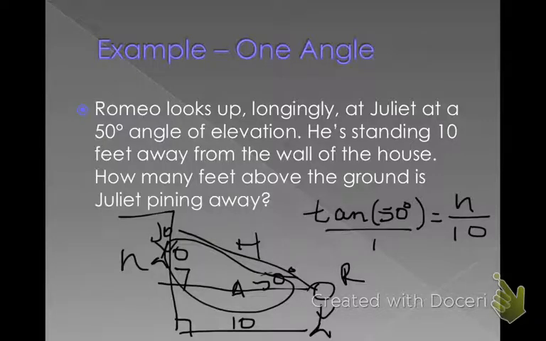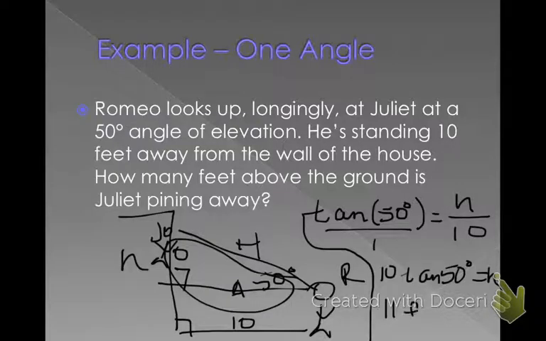When I cross multiply, I'm going to do 10 times the tangent of 50 degrees, which will give me my height. So my height would be about 11 feet, but we need to also include Romeo's height.